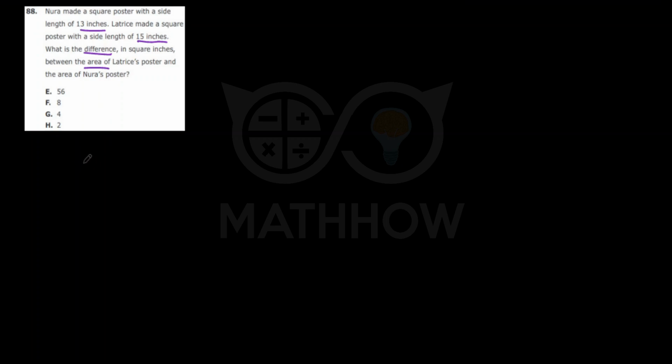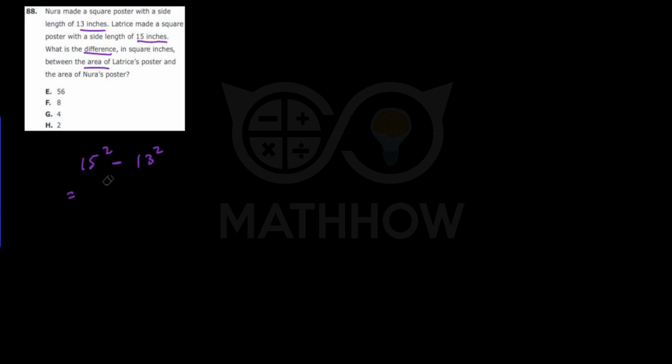To find the area, we take the square of the side length minus the square of the side length of Noura's poster. We can evaluate this in two easy ways.